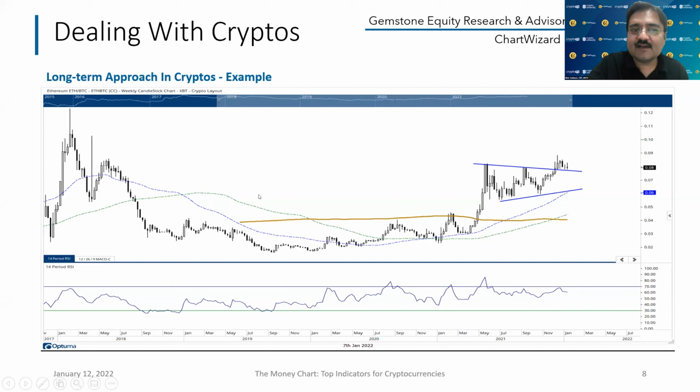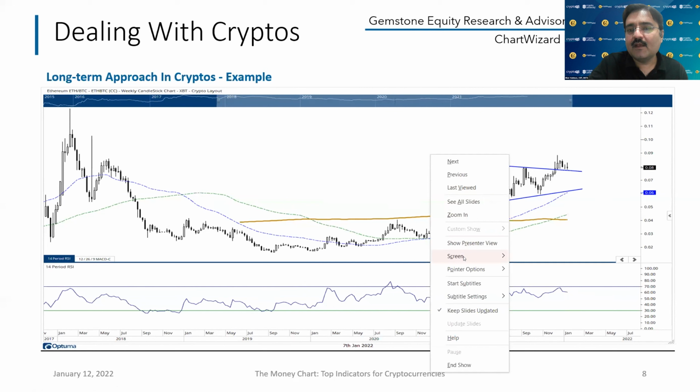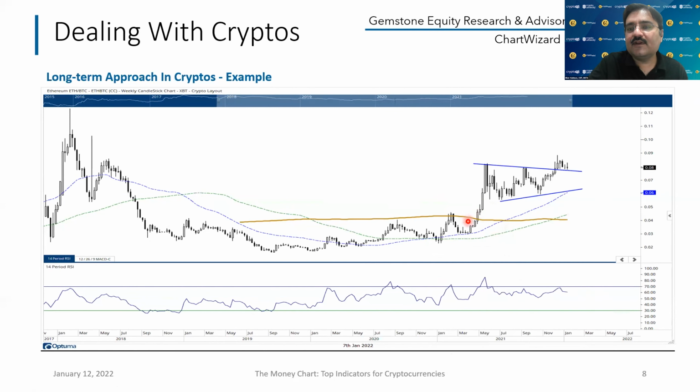This is a weekly chart of Ethereum. If I'm not interested in any kind of short-term trades, then I would consider entering the moment the prices went above the 200 DMA. This is where the 200 DMA is, and we can see it rising and forming a pattern.